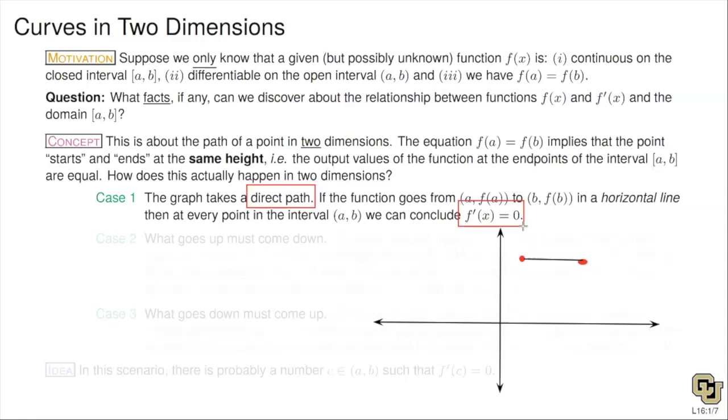Remember, I'm trying to find things we can conclude. So if we take a direct path, here's one thing I can conclude for sure. I'm not saying it's super deep, but this is a mathematical conclusion that we can arrive at.